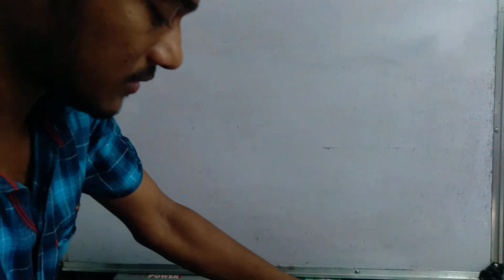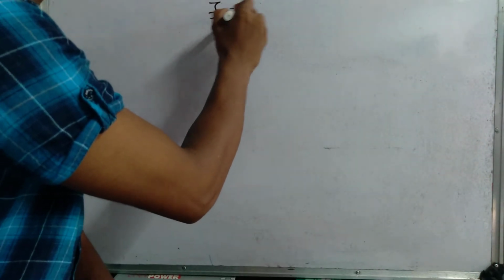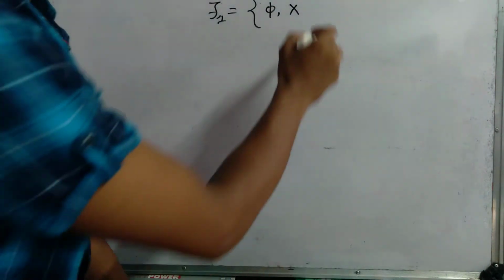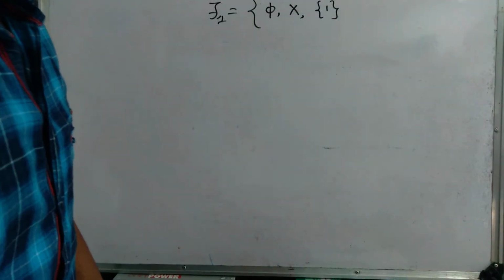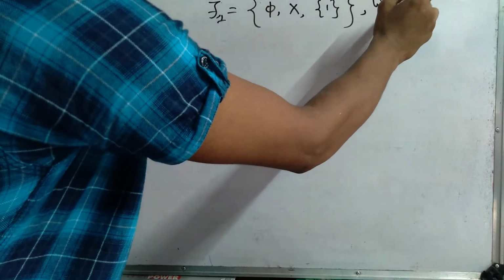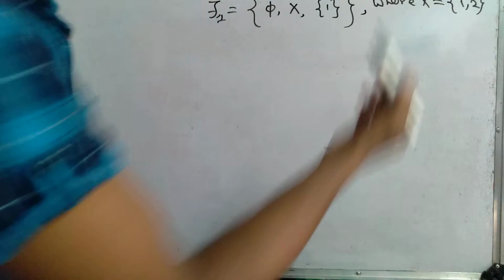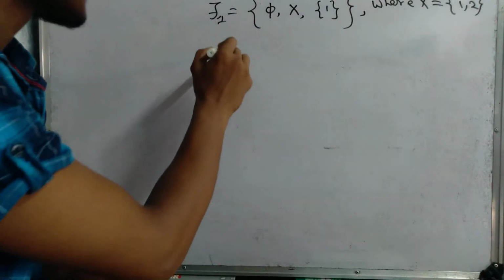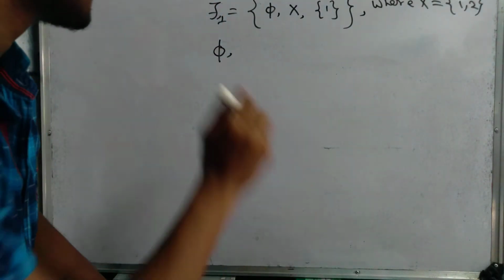First we start by taking a collection tau 1 where phi, the empty set, belongs, X, the whole set, belongs, and singleton 1 belongs. Here for X I take the two-element set {1, 2}. Now we discuss whether it is a topology or not. We check it first.